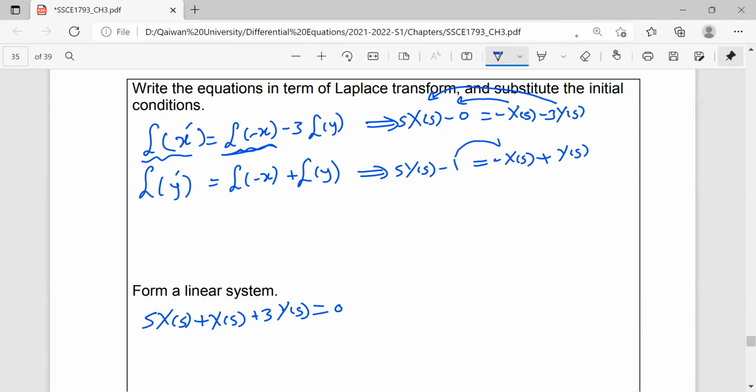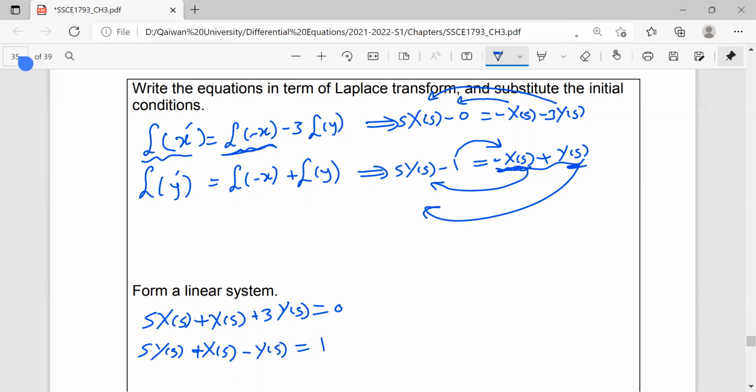And we move this negative 1 to the right hand side. Moving these two terms to the left, we get s y of s, minus x of s becomes plus x of s, y of s becomes minus y of s, equals 1. It's negative 1, and when we move it to the right, it becomes positive 1.